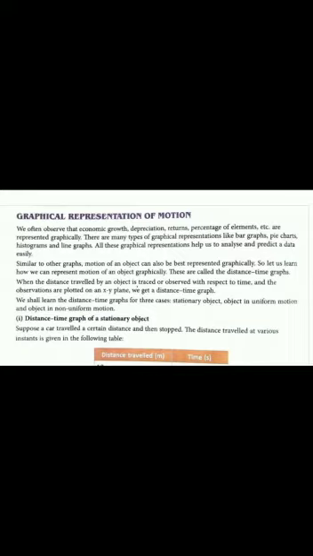The motion of an object, like speed, can be represented in a diagram by drawing its distance time graph. A distance time graph shows how the distance traveled by a moving object changes with time.